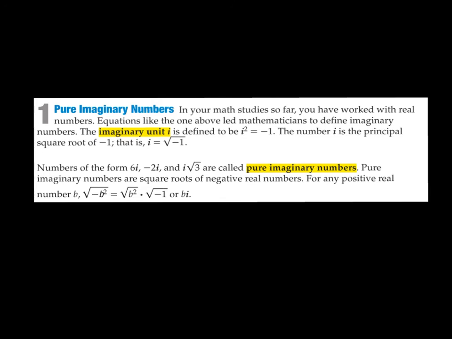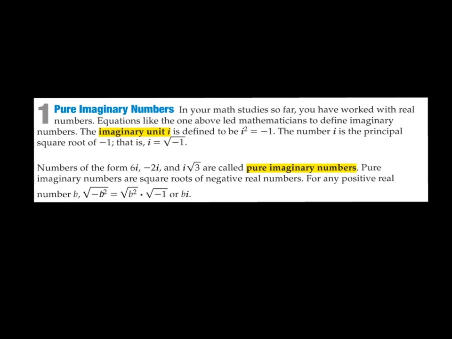Alright, so numbers in the form of 6i, negative 2i, and i times the square root of 3 are called pure imaginary numbers. Pure imaginary numbers are the square roots of negative real numbers. For any positive real number b, the square root of negative b squared equals the square root of b squared times the square root of negative 1, or b times i.